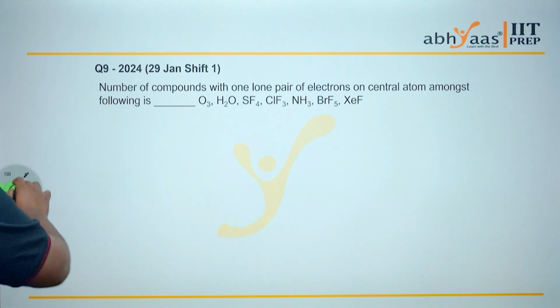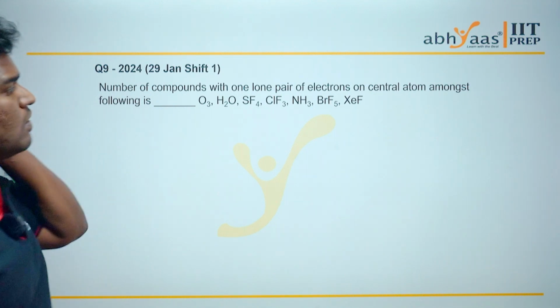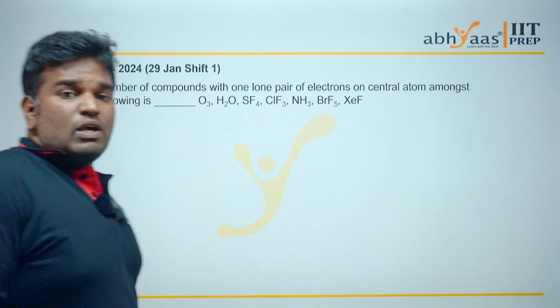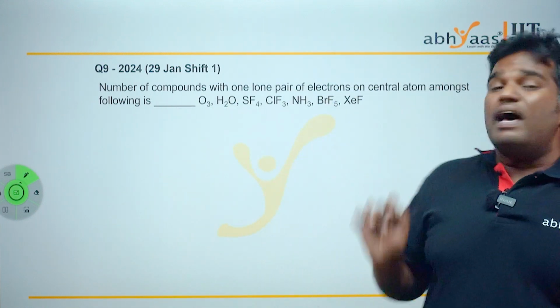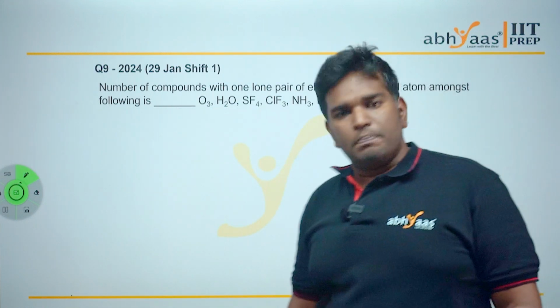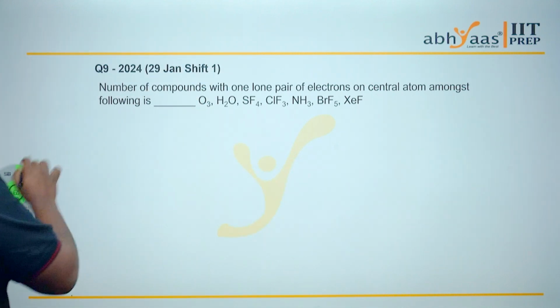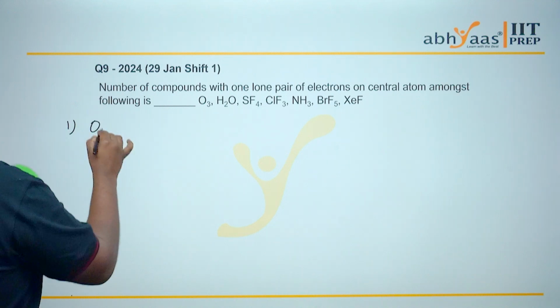Right. Now we have to know the structure of these compounds. The question is: the number of compounds with one lone pair of electrons on the central atom among the following. So we have to see which molecules have one lone pair on the central atom. We need to draw the structure of each molecule. The first one is O3.